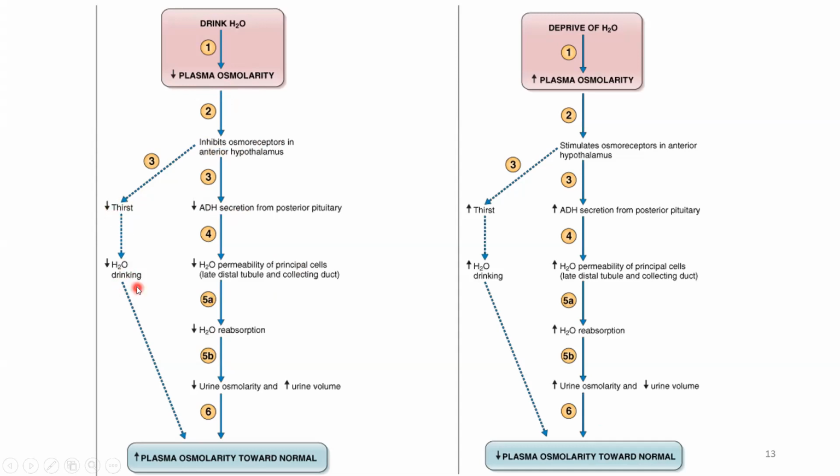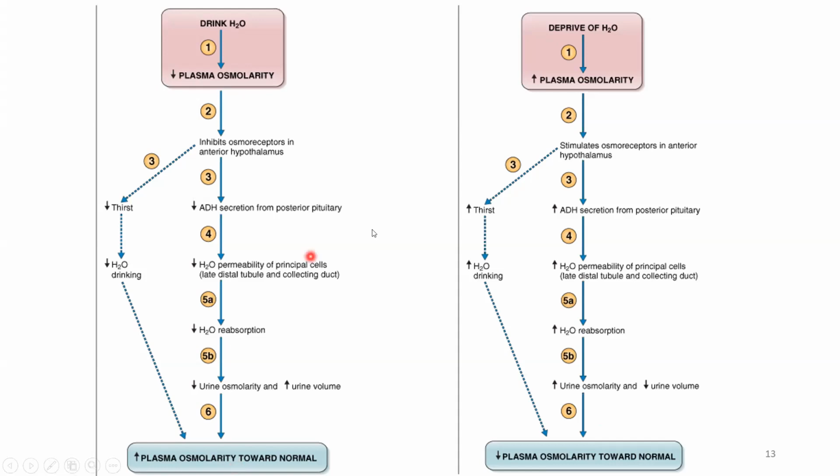You don't feel the urge to drink, and all these things come together and increase plasma osmolarity, first by decreasing input of new water, and second, very importantly, letting go of water, increasing urine volume and getting rid of that extra water, which brings the osmolarity back to its normal situation.